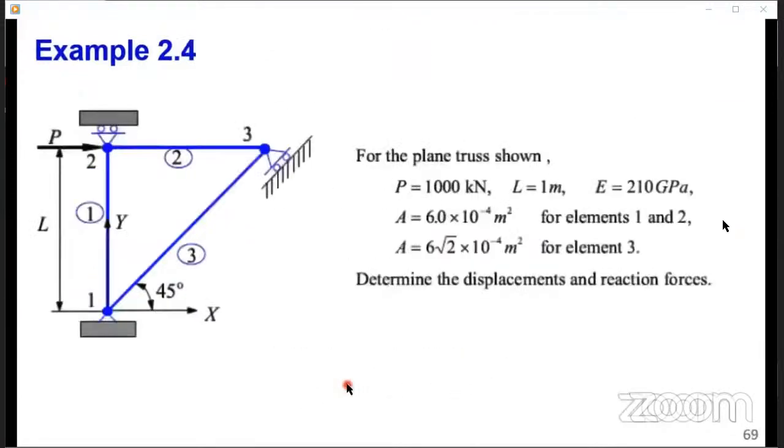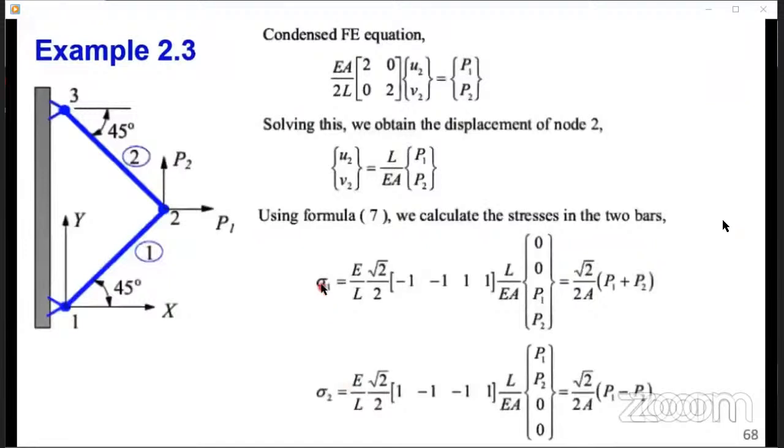This is what we are doing in this slide: just substituting the direction cosines and signs, -1, -1, 1, 1, L, M, to get the stress in bar 1 equal to root 2 over 2a times P1 plus P2. And in bar 2 the value is given.